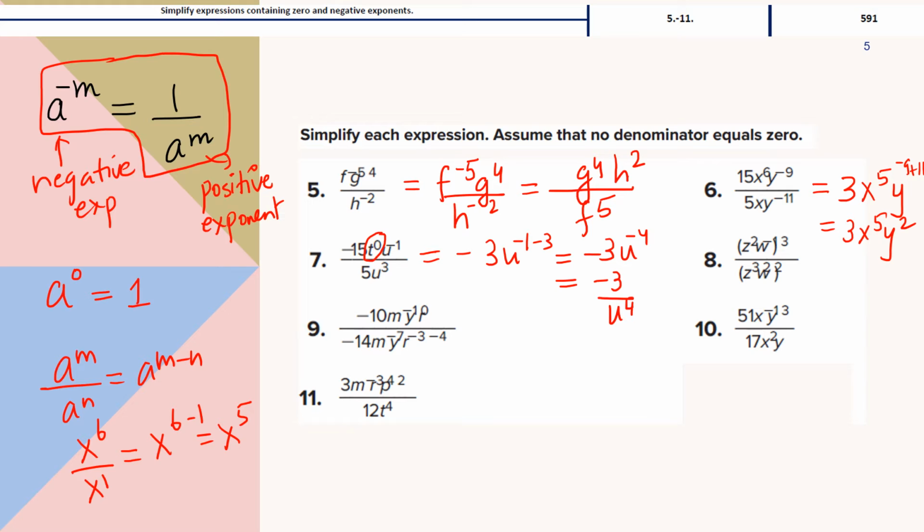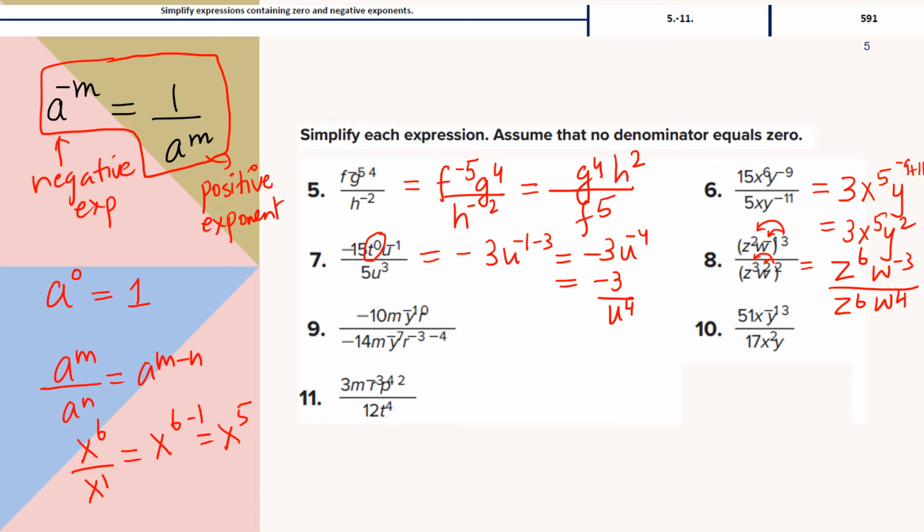Next we have question number 8. Here the power 3 is outside, it is going to distribute inside. Similarly, the power which is outside 2 is going to distribute inside. So this is going to give you z to the power 6 w to the power minus 3 divided by z to the power 6 w to the power 4.